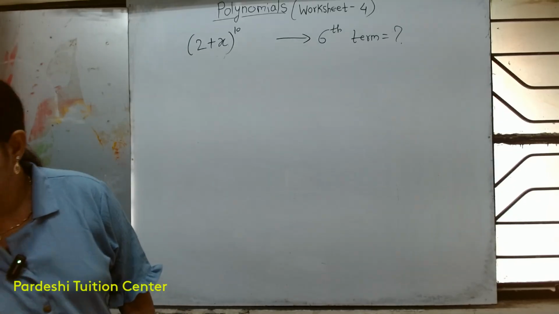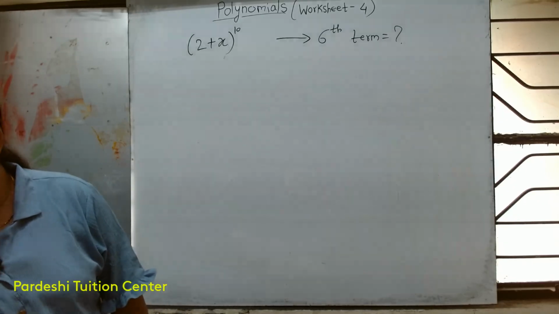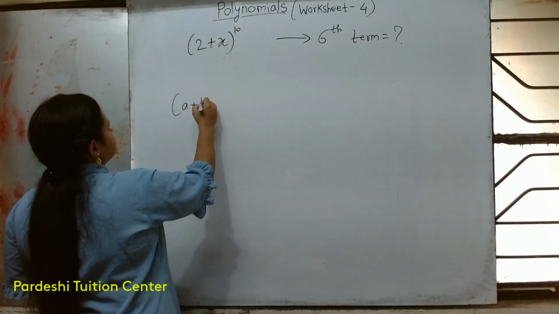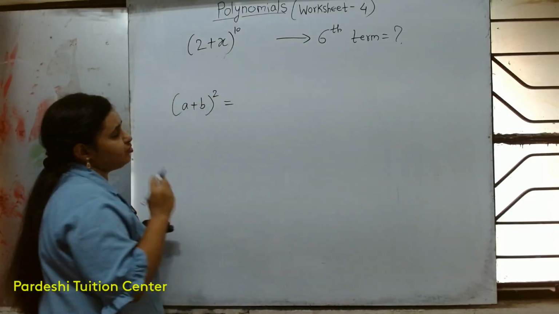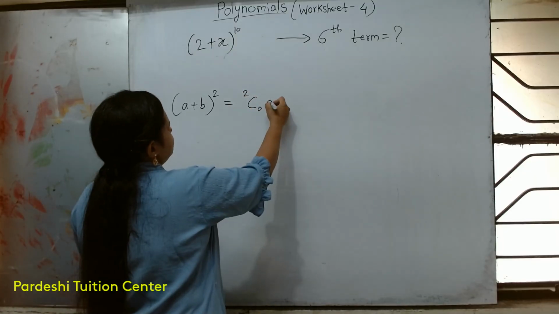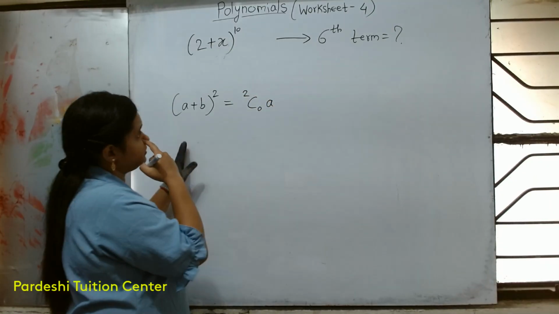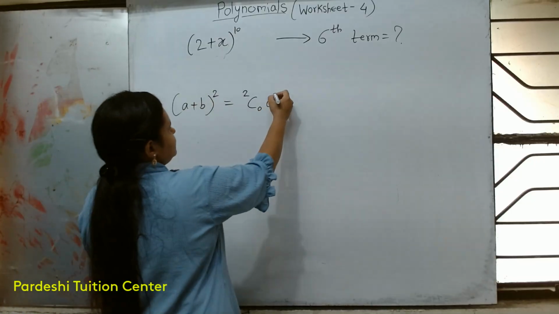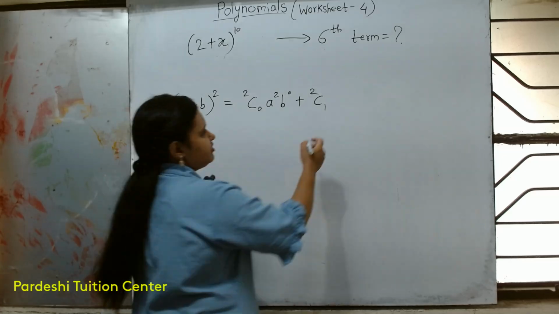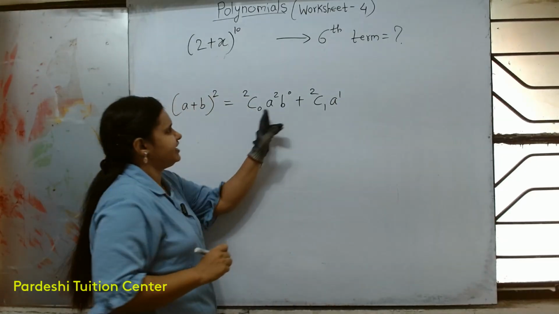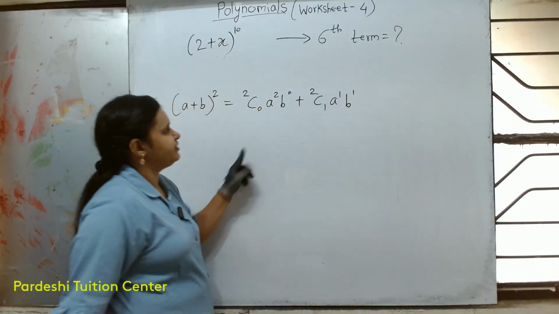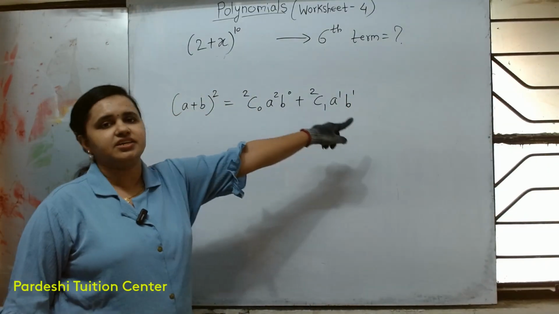What was it? If I take (a plus b) whole square, what was the formula we found? It was 2C0 a to the power 2 and b to the power 0, plus 2C1 a to the power 1, b to the power 1, okay, the power of a was reducing and the power of b is increasing.